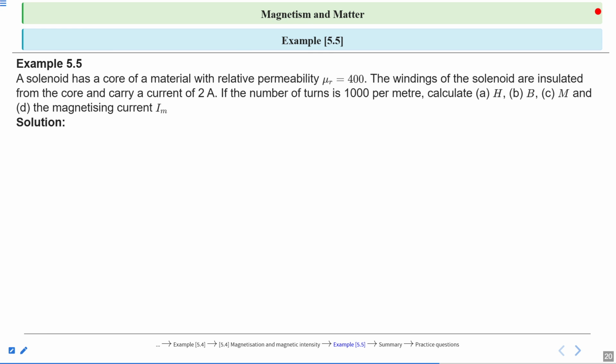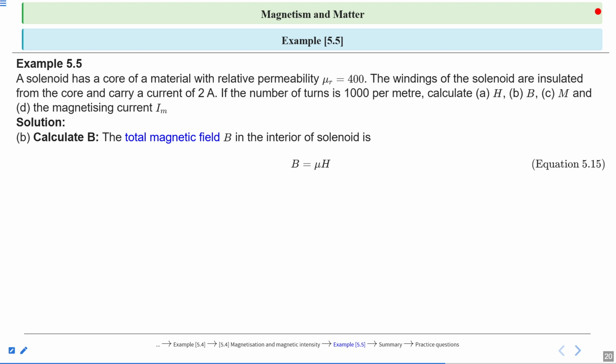Now the B part we are going to discuss. Calculate B. The total magnetic field B in the interior of the solenoid is given by B equal to mu H. The total magnetic field has several formulae. B is equal to B naught plus Bm.